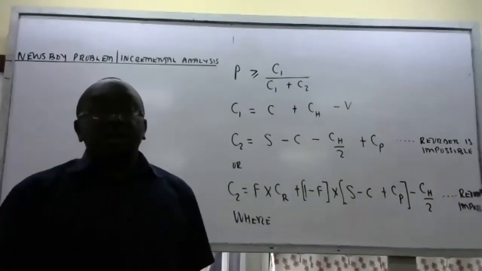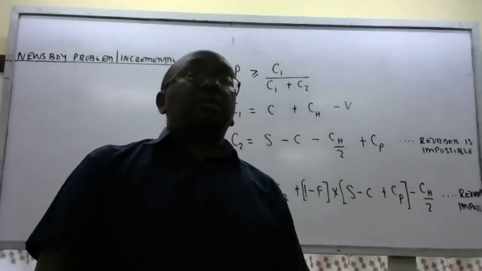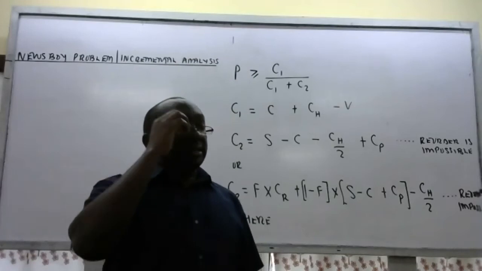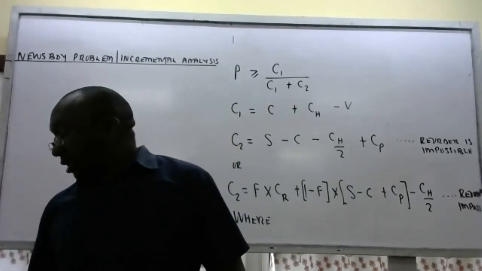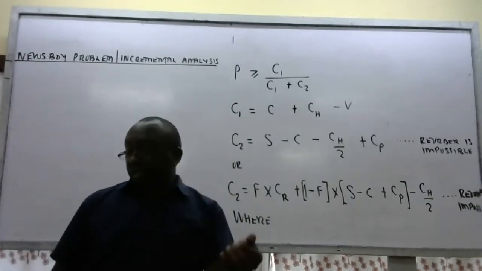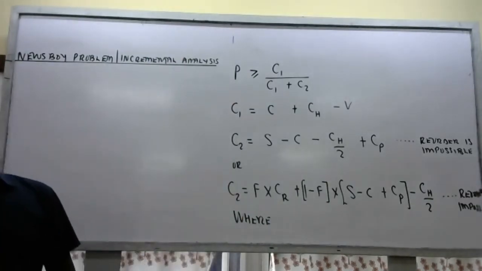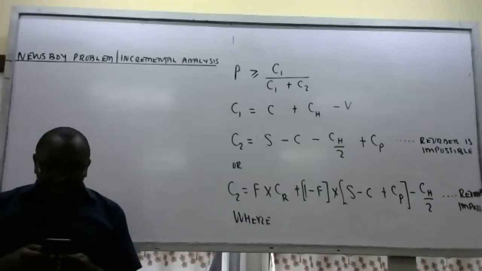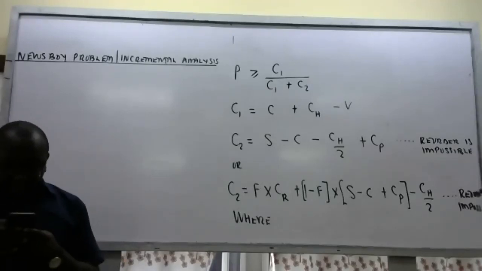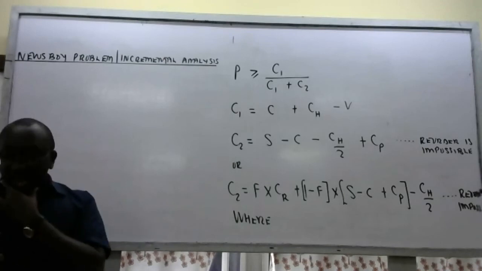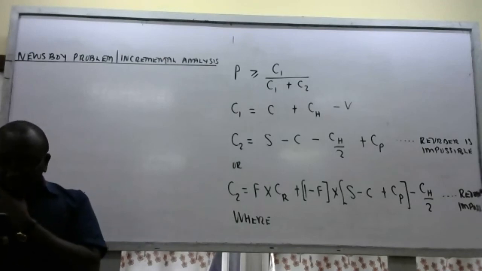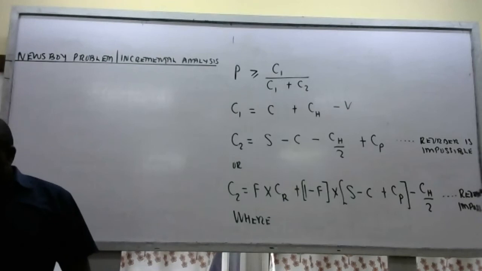F, fraction of customers willing to wait. And CR is the cost of reordering an extra unit.